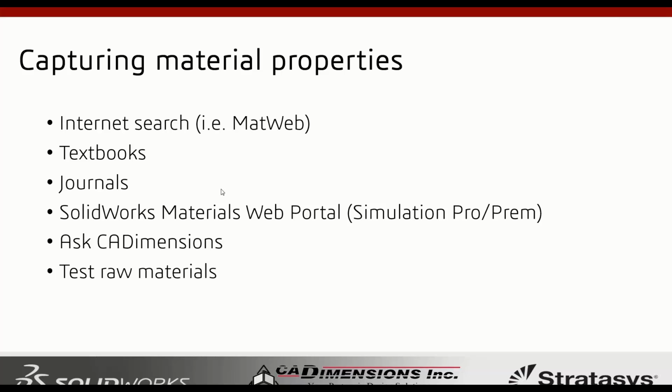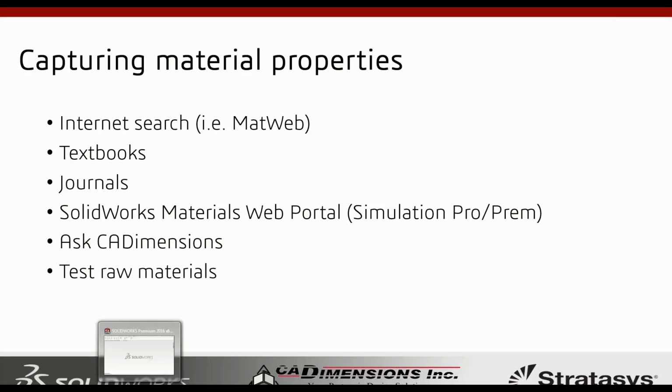Another source to get your material properties is obviously the SolidWorks Materials Web Portal. This is a web portal that goes beyond the SolidWorks material database. However, you will require a license of Simulation Professional or Premium to be able to access it.